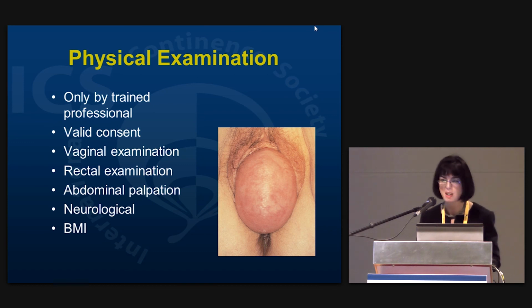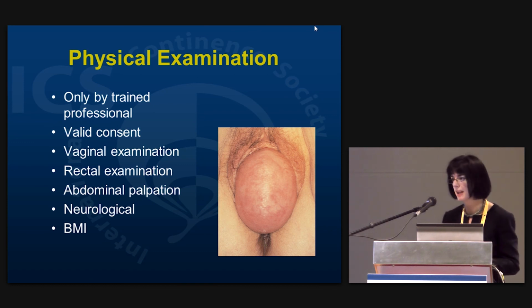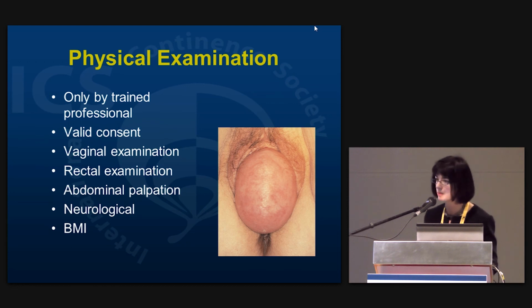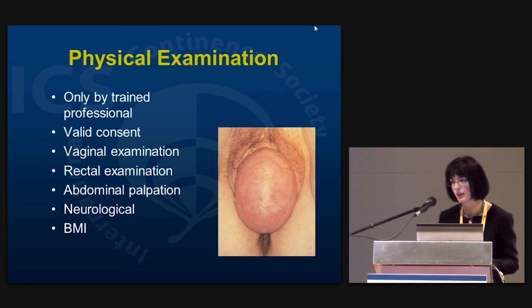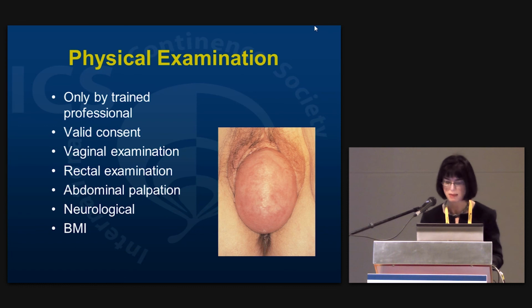Because we do know increasingly that a raised BMI can lead to increased abdominal pressure and hence the consequence of stress urinary incontinence in some of our women.